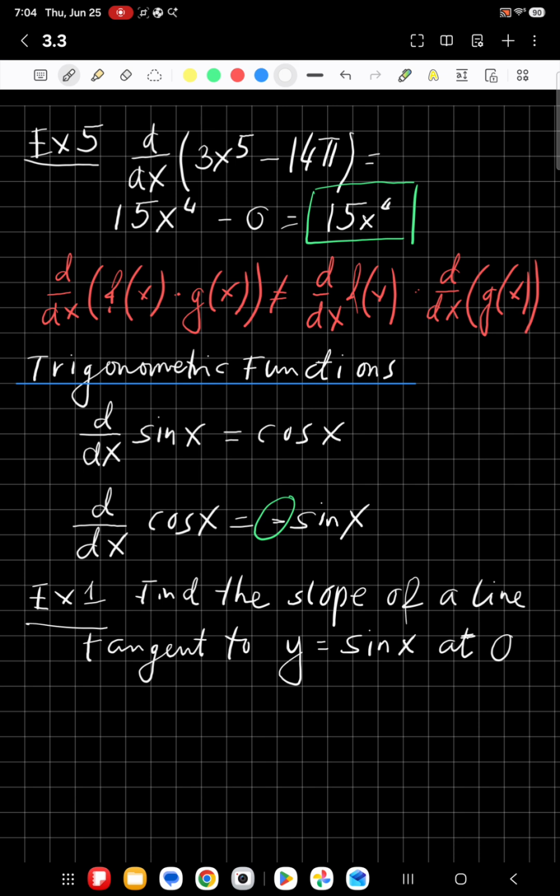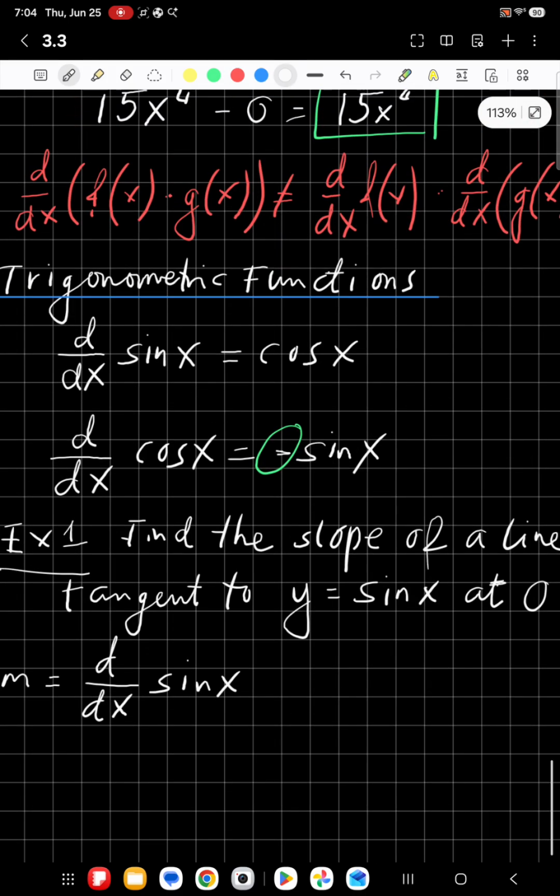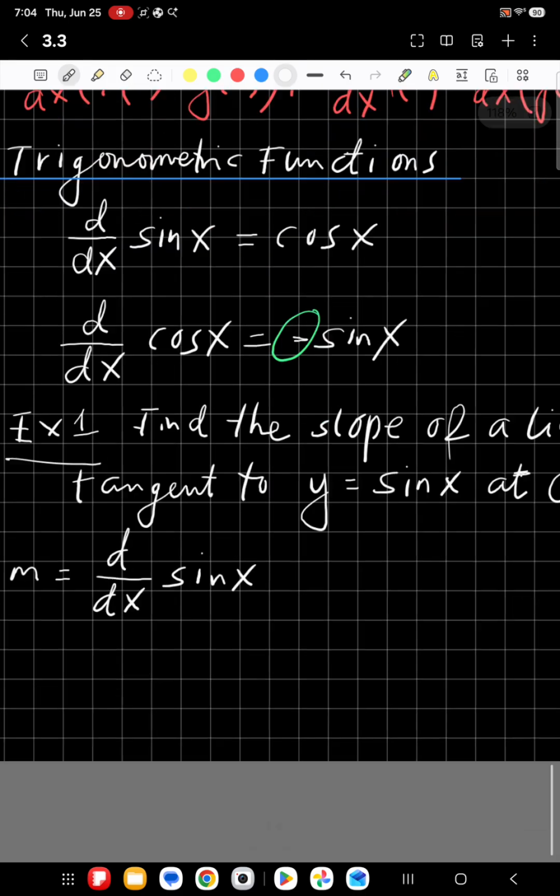Okay, so what we need to do is, slope equals, we have the derivative of sine. We're trying to figure out what this slope is, maybe I should have made a drawing first of the situation. Yeah, let me do it.